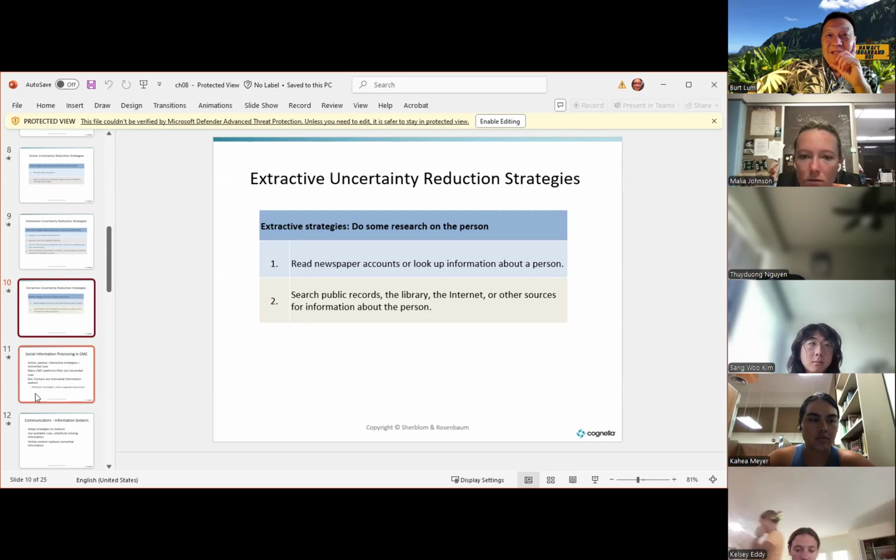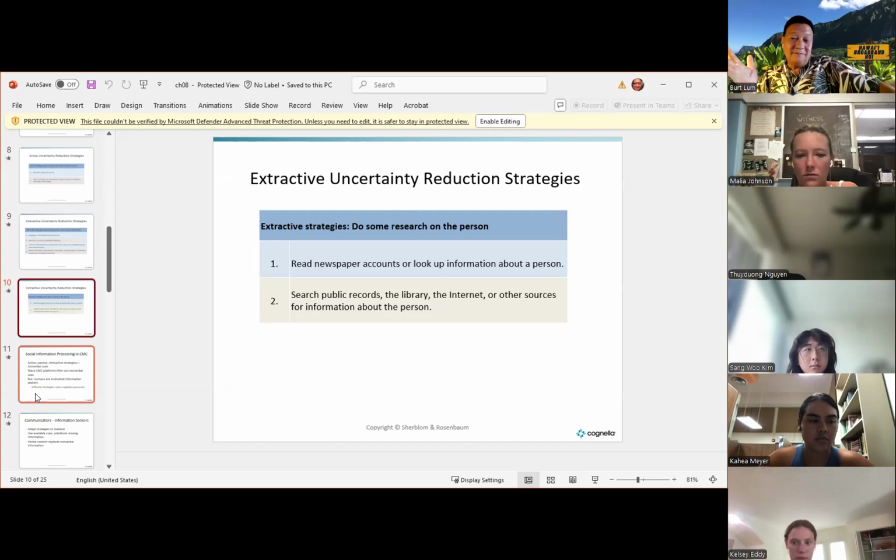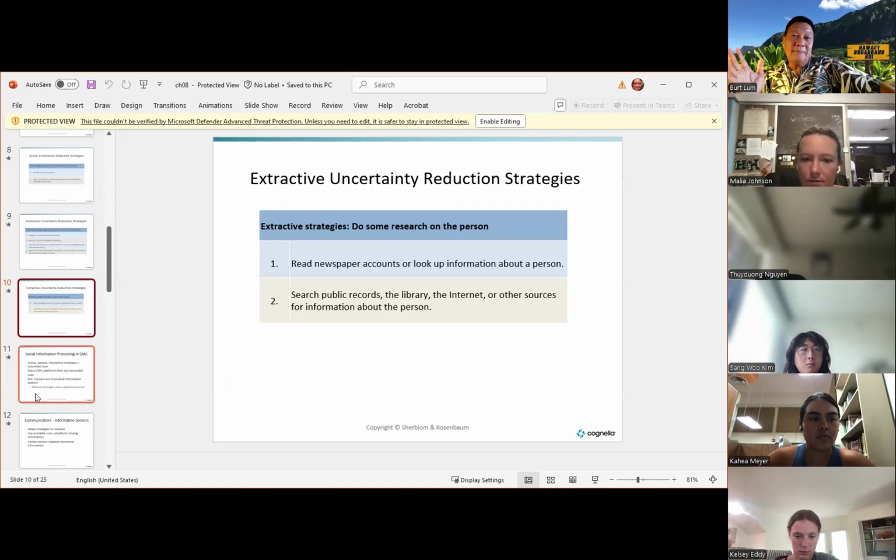And then search public records, library, internet. Nowadays, I don't know, Stacy might feel the library is still a place to go search for stuff, but the first place everybody is going to search is the internet. There are other resources in the state for public records, but that's still a pretty manual process, whether you're looking up a book or doing a public record search, because the public record search tends to be fairly physical.